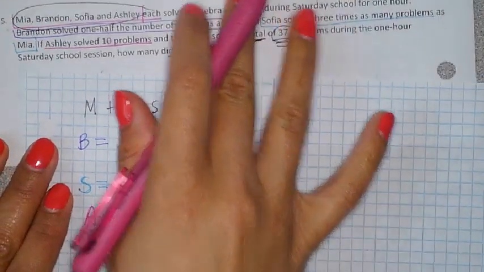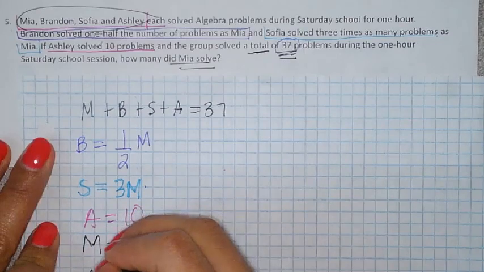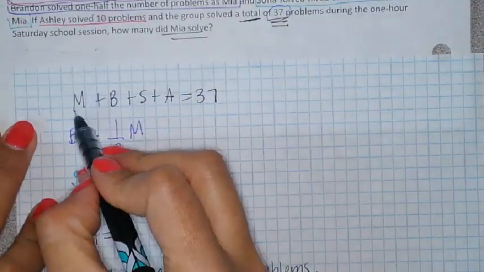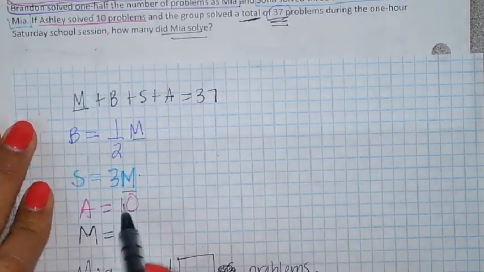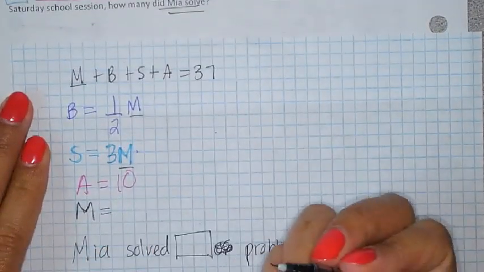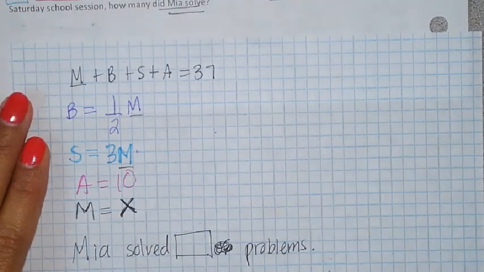And we're looking for Mia. So Mia, I don't know. Notice that all of them have Mia. So, well, actually Ashley is already 10. So Mia, I'm going to decide that Mia is going to be my variable. So Mia will be X. Okay? So I'm going to rewrite all of them.